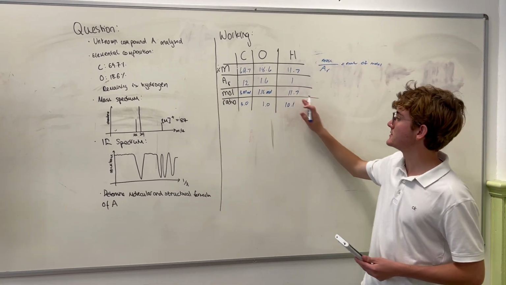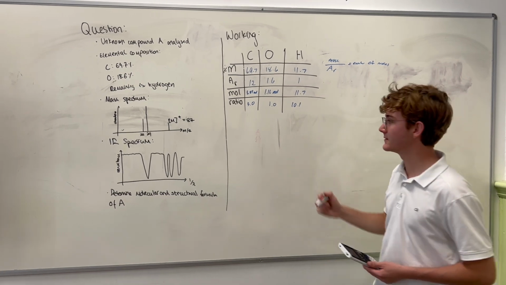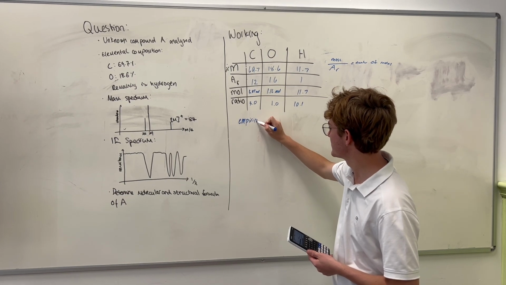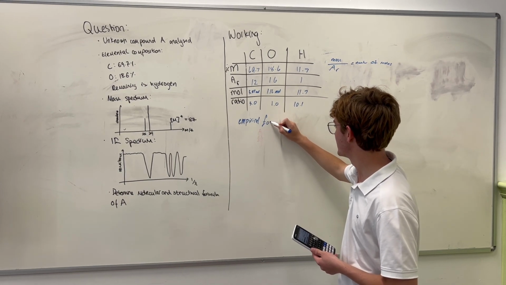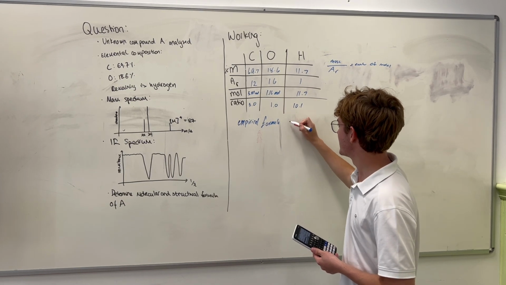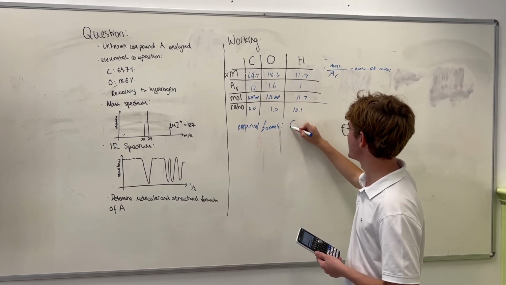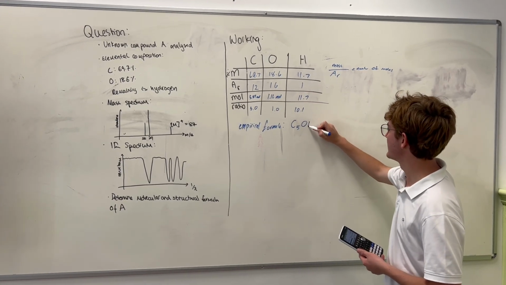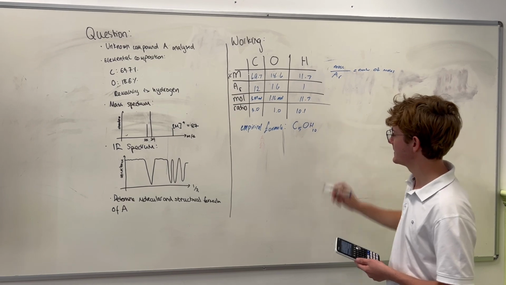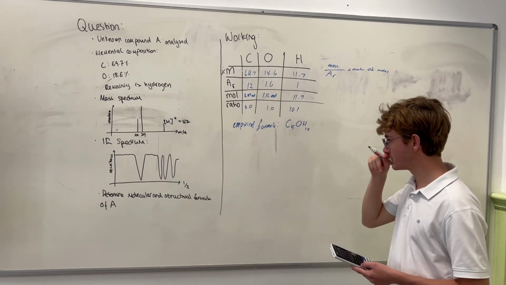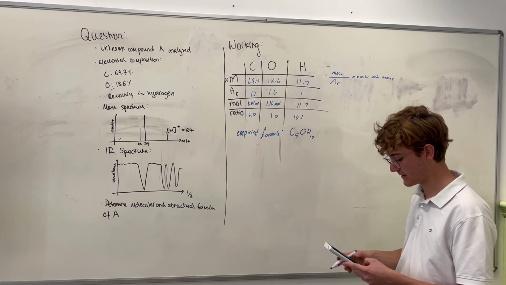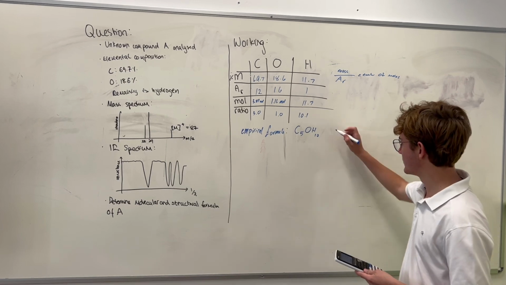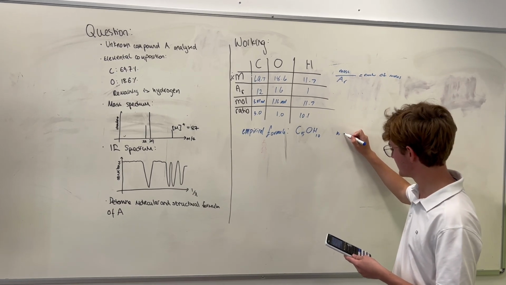So now that we have the ratio of elements, we will be able to tell the empirical formula, which will be 5 carbons, 1 oxygen, and 10 hydrogens. And the relative formula mass of this will be 5 times 12 plus 16 plus 10, which is 86.